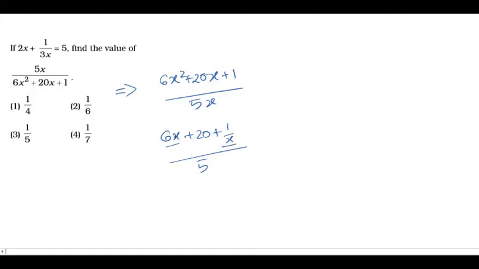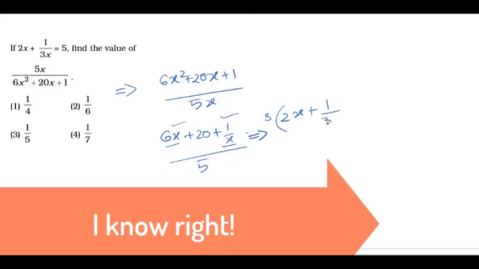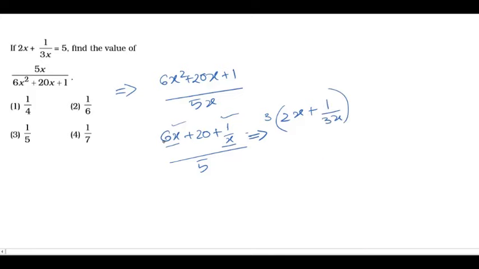We take 3 common for this and this term, then it becomes 3 into 2x plus 3 into 1 by 3x. So this is the first term and second term. We'll just add 20 as it is, and then we will divide everything by 5.